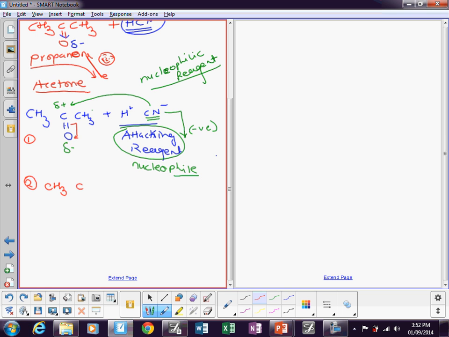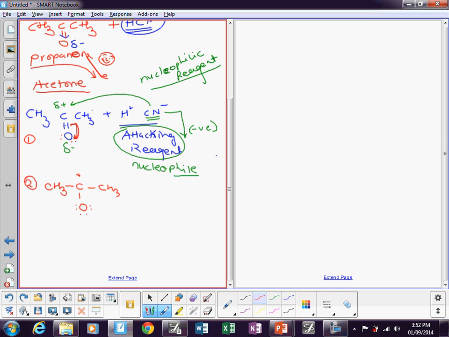Earlier there was a double bond, this electron pair shifted here, and oxygen gains. Already it had 4 electrons to complete its octet, and it gained 2. From where? From this carbon.